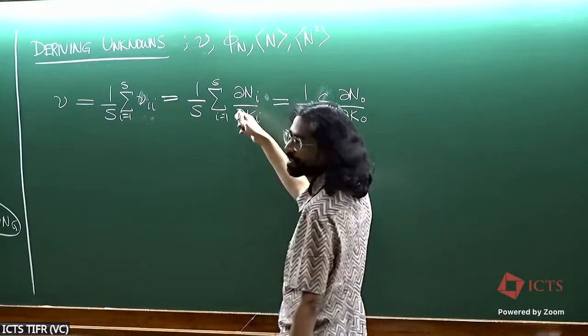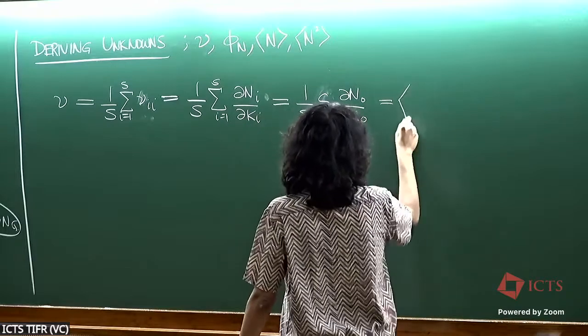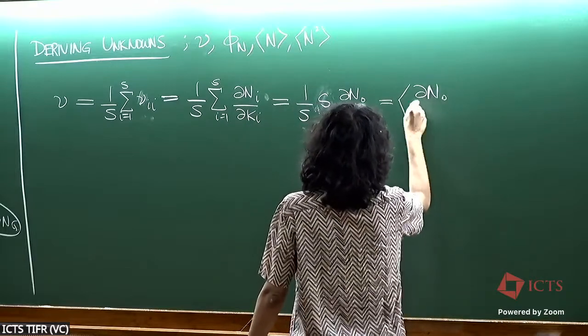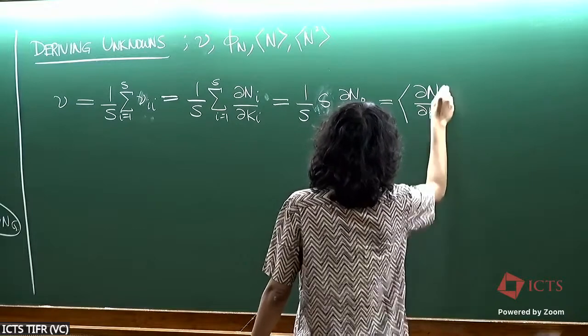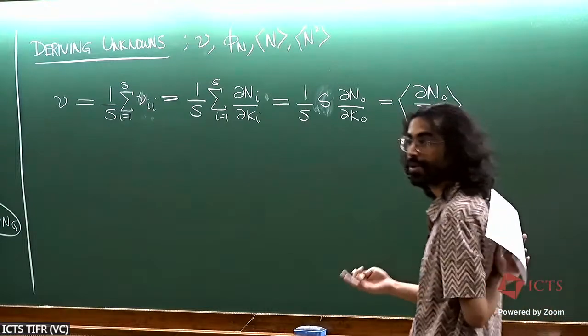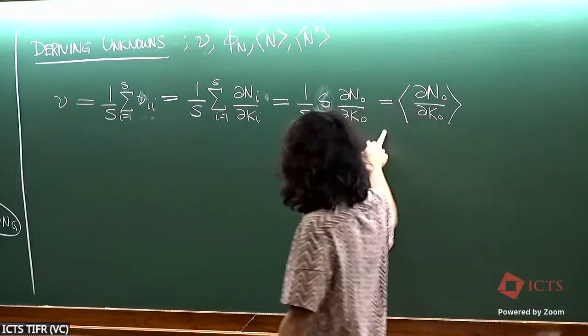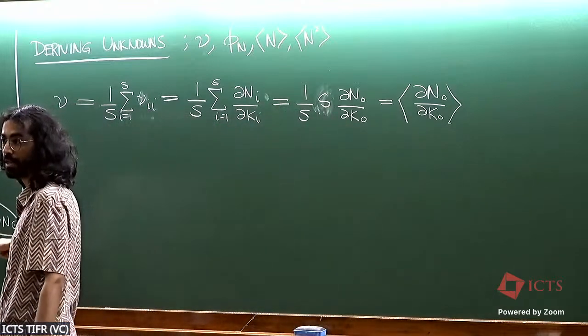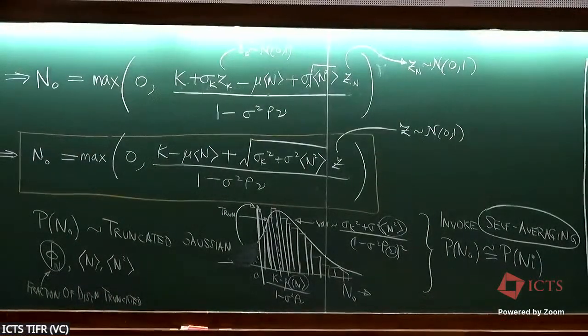In some sense, what we're trying to do is ask what's the average value of del N0 by del K0. That's essentially what we're trying to compute. It doesn't have to be this way. Like I said here, what was assumed is that the statistics of N0 is the statistics of every other species.